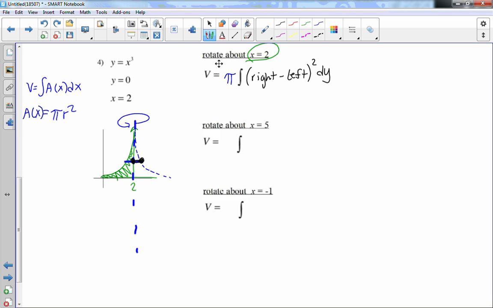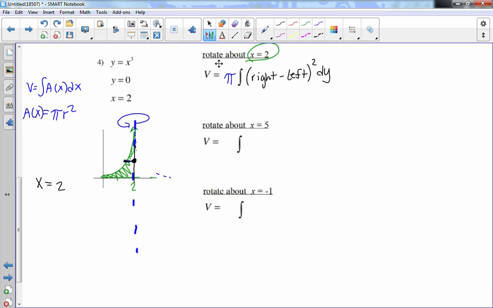Okay, what function is on the right side? Oh, actually, let's do it on the one that we actually have. The function on the right side is x equals 2. Okay, but we do have a problem there.